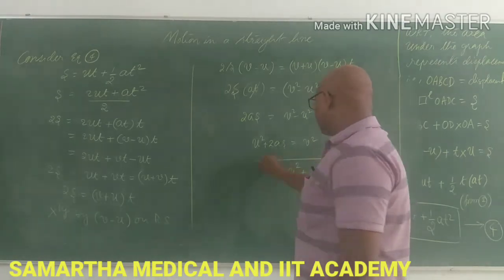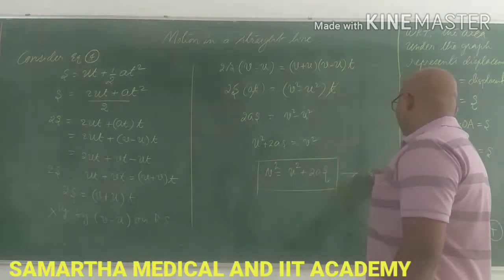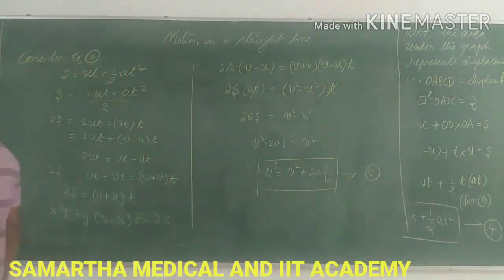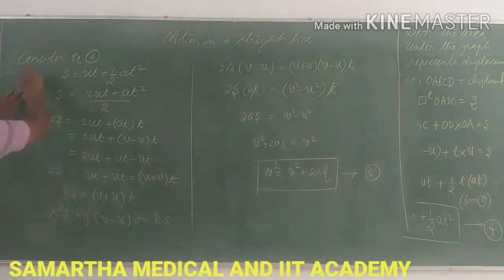This is the third equation, equation number 5. Let me explain this again. We know equation number 4 from the derivation set. Consider equation 4, where S is equal to UT plus half AT square.